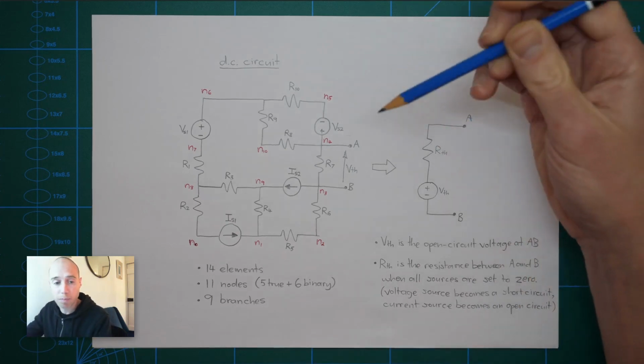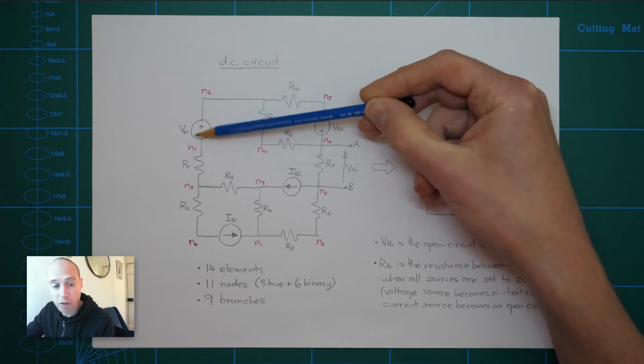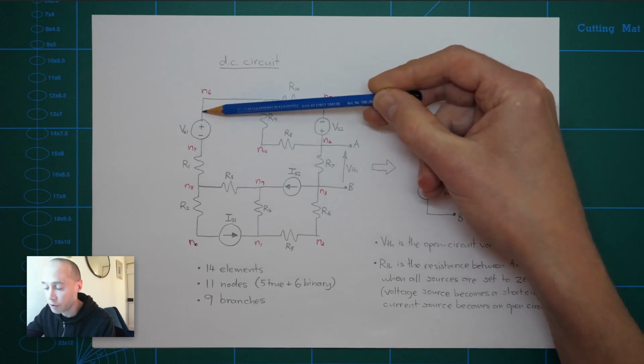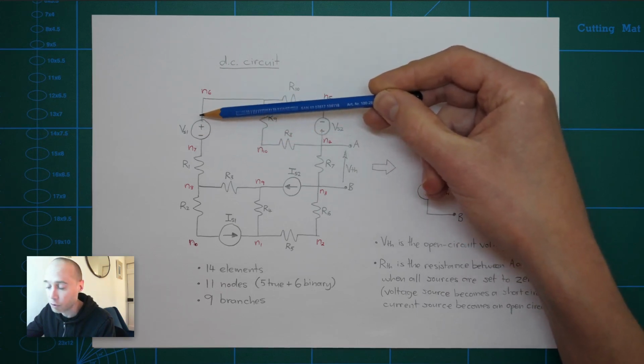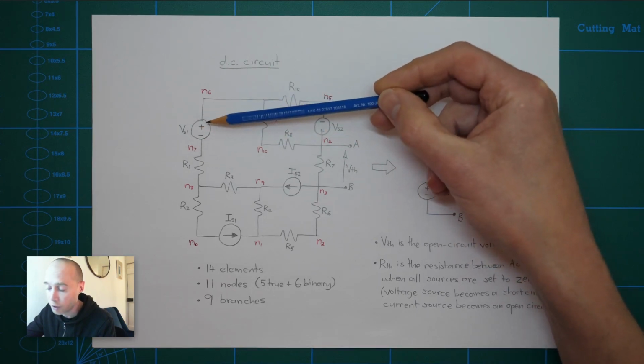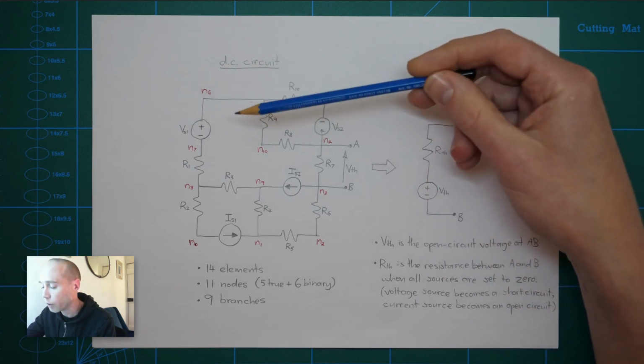If we just pause to think about that for a minute, a voltage source normally defines the voltage between the two nodes either side of it. So if that voltage is reduced to 0, it effectively just means the two nodes have exactly the same voltage. Then you can think of it that they just merge into a single node. So this becomes like a piece of wire that just connects the two nodes together, so they become one.